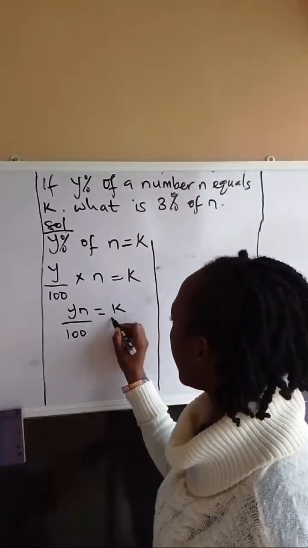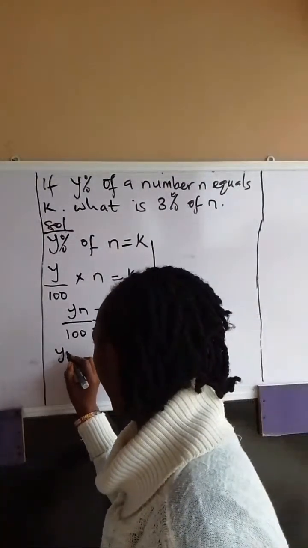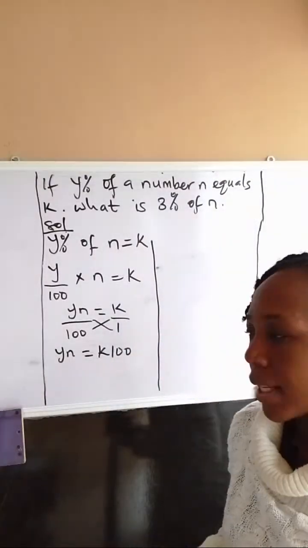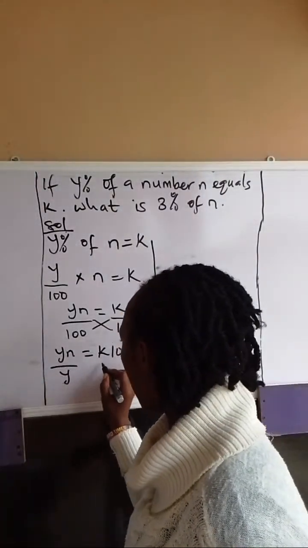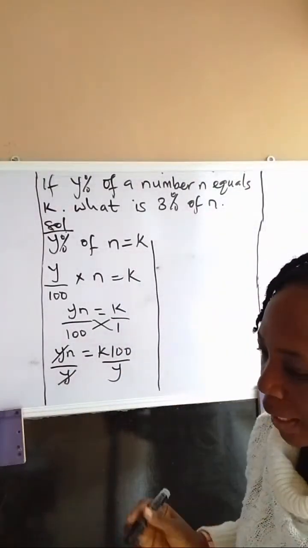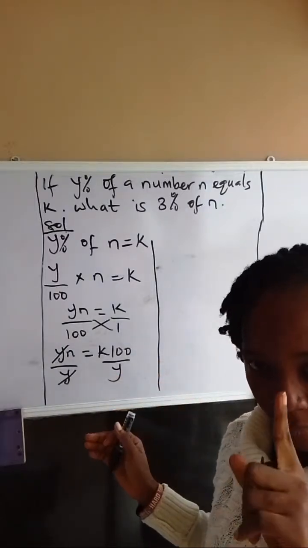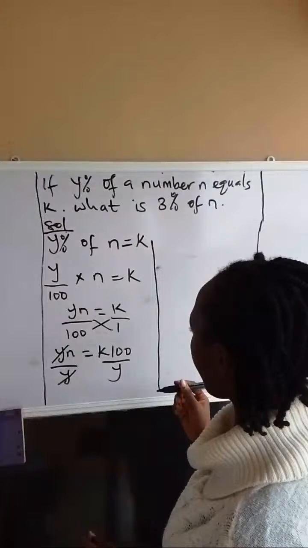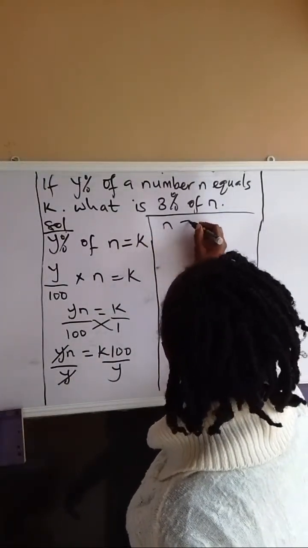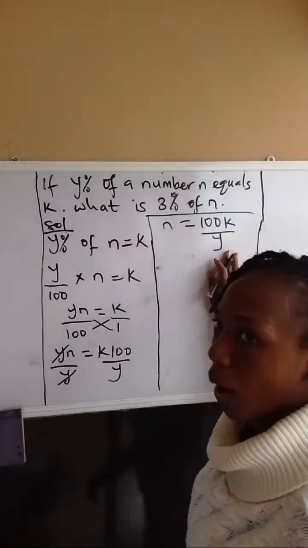Next, we cross multiply to give us yn equals 100k. Then we divide both sides by y. So our n value is 100k over y. Now, let's write it out so that we can see it clearly. N is 100k over y.